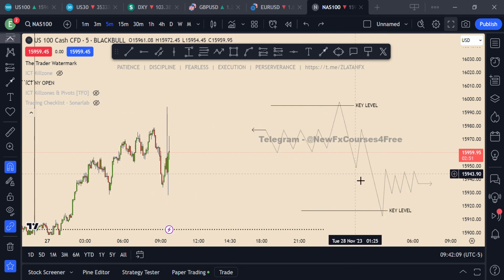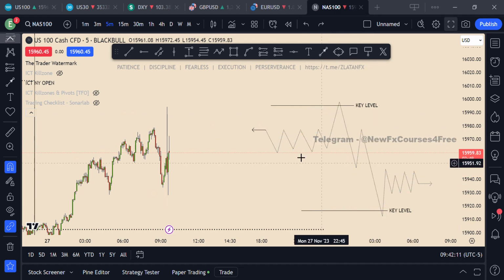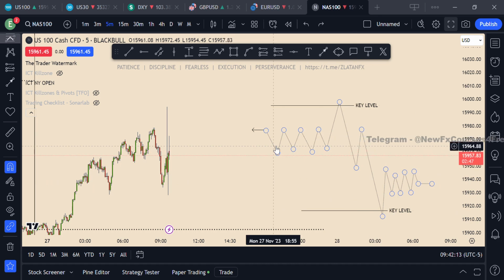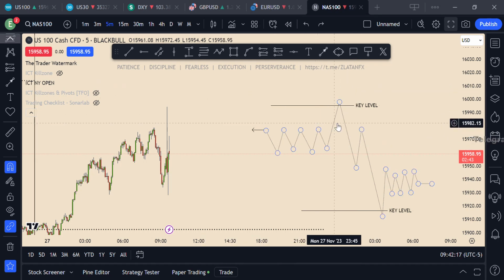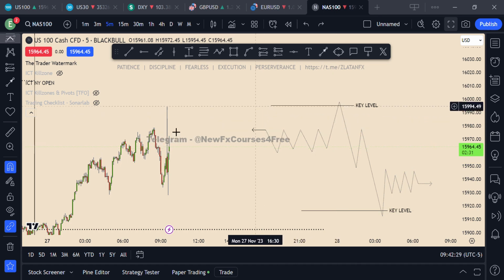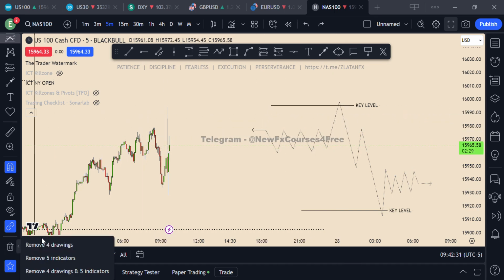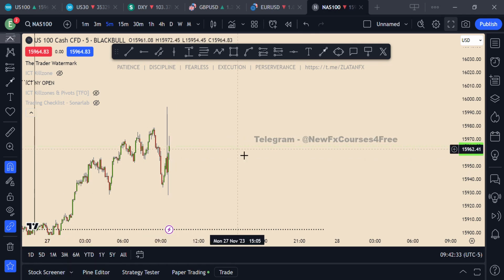This can be used for monthly, weekly, daily, and 4-hour candles. You can also use it for the 1-hour candle, but I like to stop at the 4-hour because those are important time frames. Now let's take a real example right here.